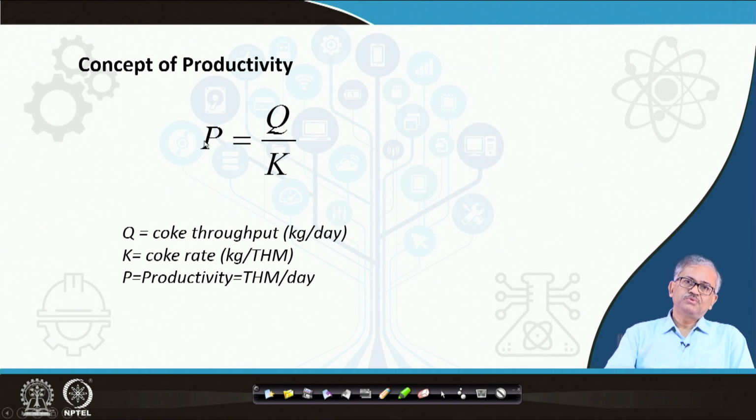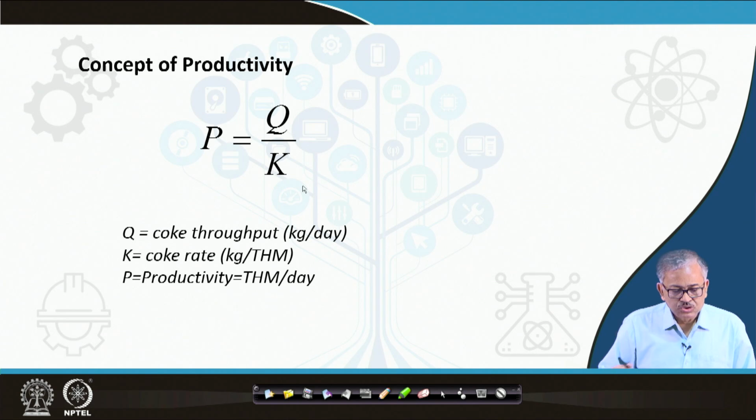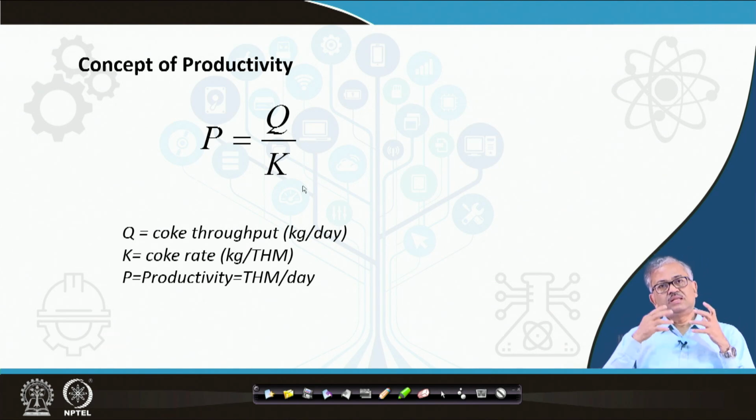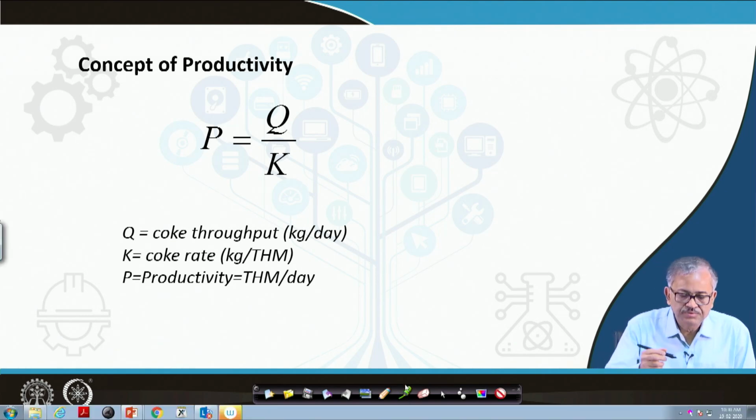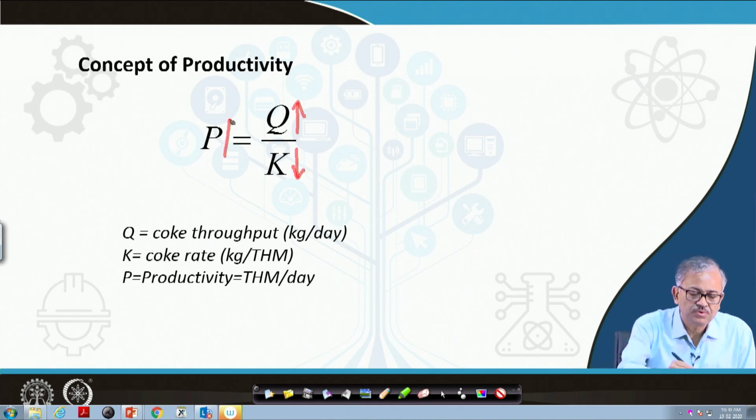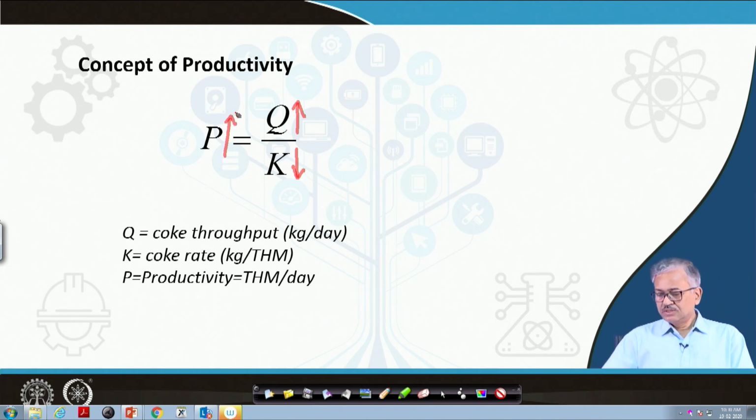If you want to increase the productivity, you have to increase Q and decrease K. If you do that, your productivity will increase. So to increase productivity, the coke throughput has to increase.